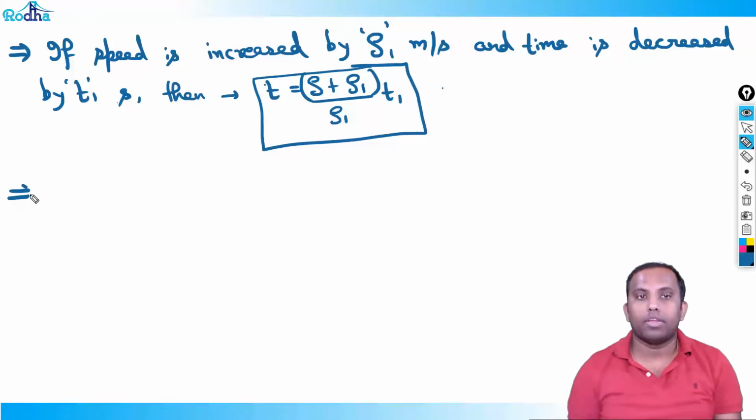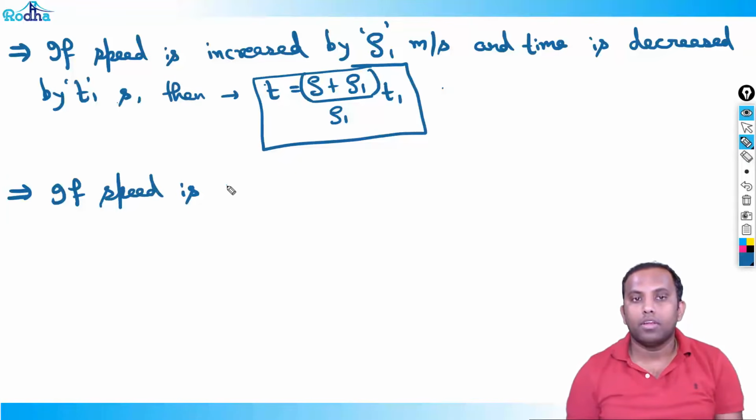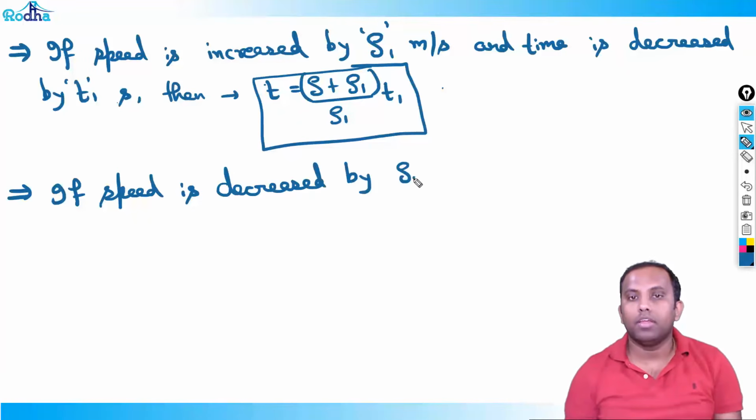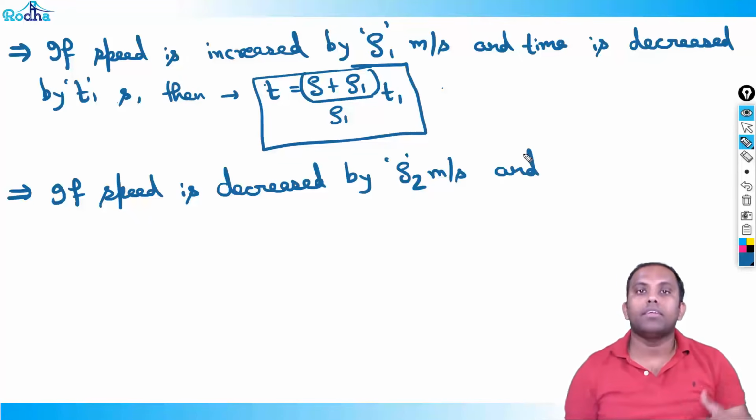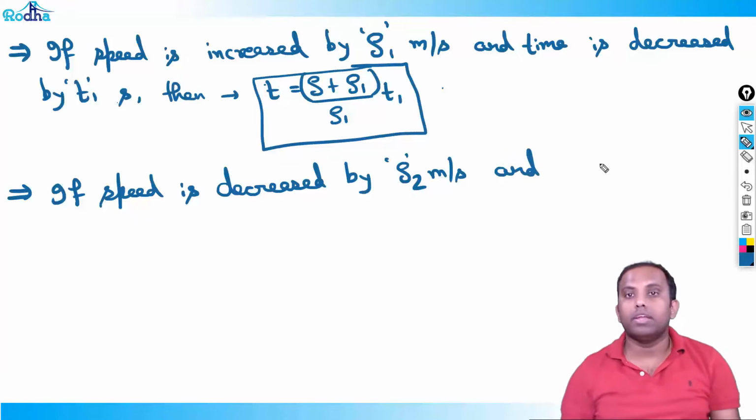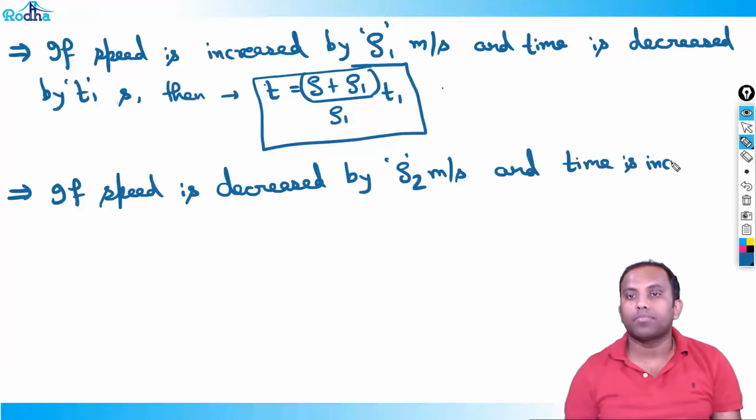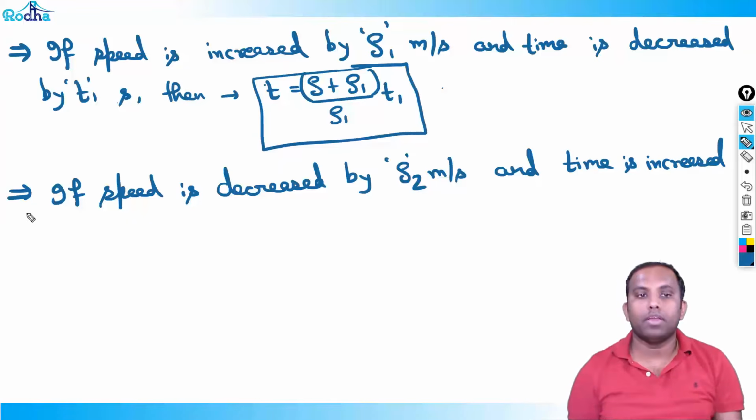Okay, now second point here. So I can write if speed is decreased by S2 meter per second, and so if speed is decreased and distance is same, so time has to be increased, right? So time is increased by T2 seconds.